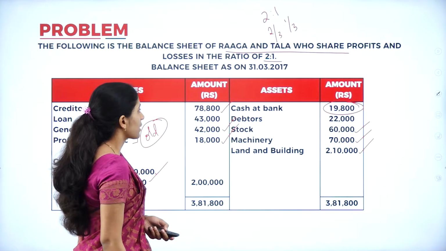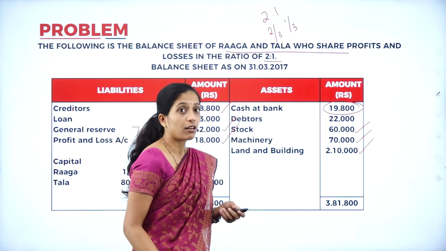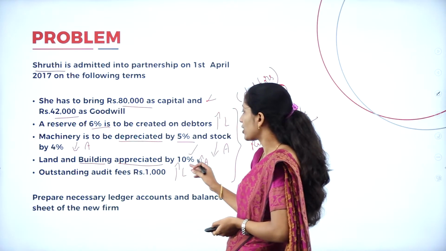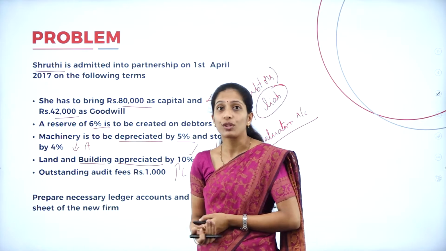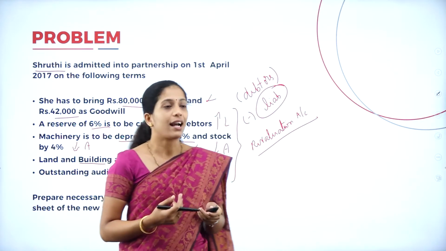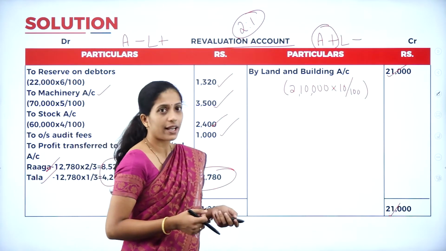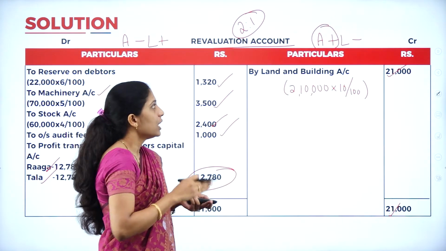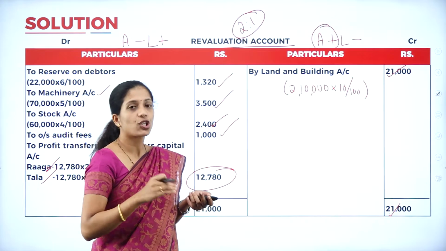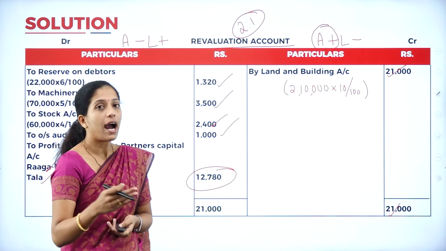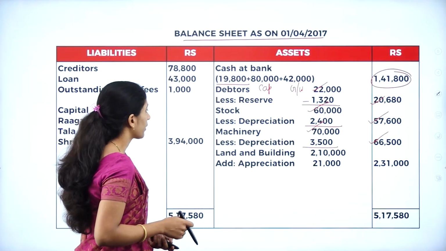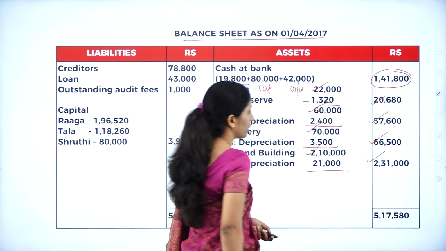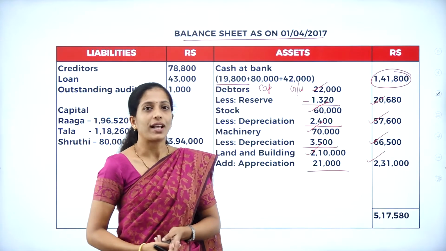Moving on to the next one, we have land and building 2,10,000, but there is an appreciation. If you see the adjustment, there is an appreciation of 10%, that is 21,000. We have already recorded it in the revaluation account once. Now we have to add it in the balance sheet. So land and building 2,10,000, add 21,000. The total is 2,31,000.